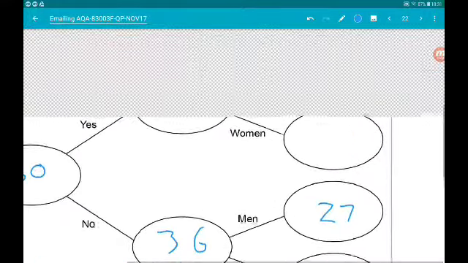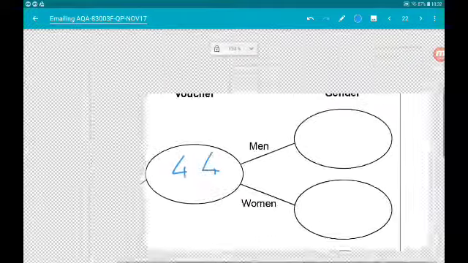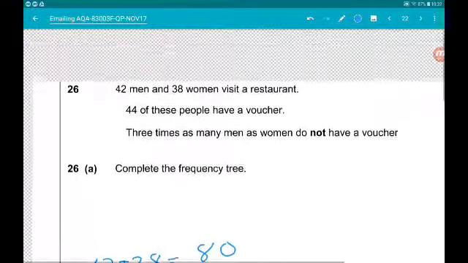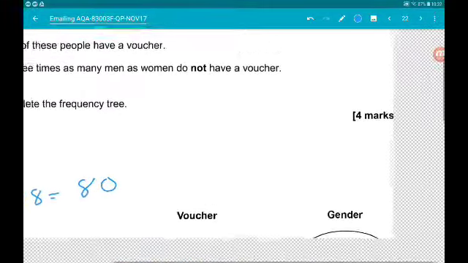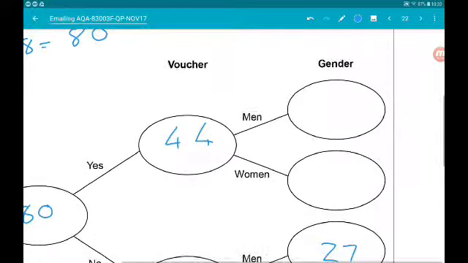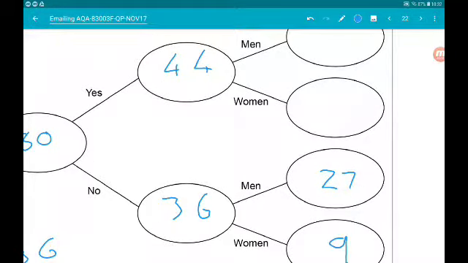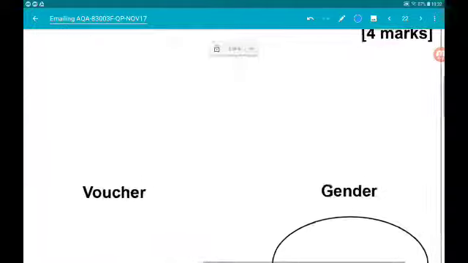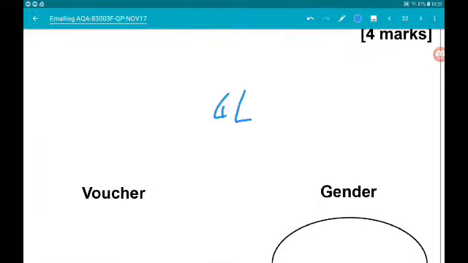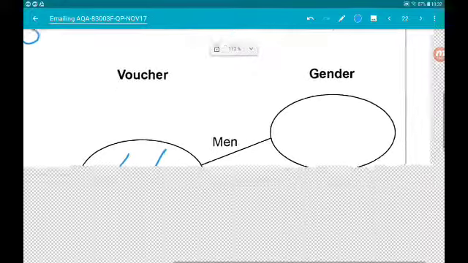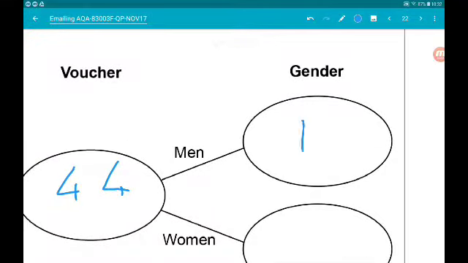Okay, now then we need to fill in these parts up here. So altogether we know there were 42 men, so we got 27 of them down there, so 42 minus 27 is 15, so the other 15 blokes are there.